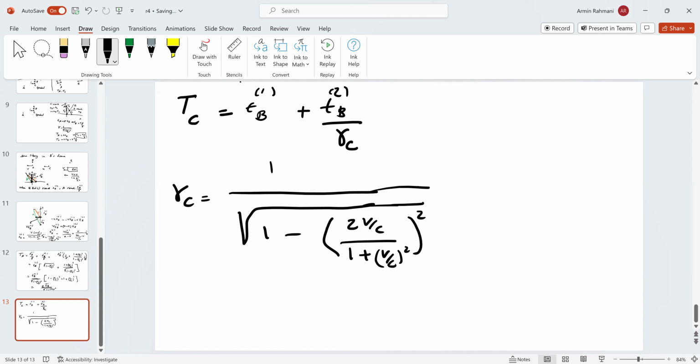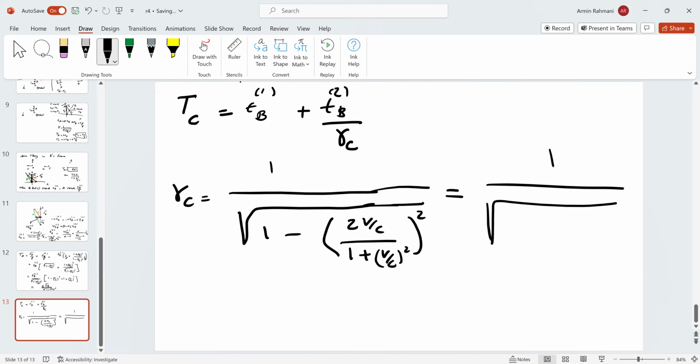So to take the common denominator there, let's see what we find. So 1 plus v over c squared.